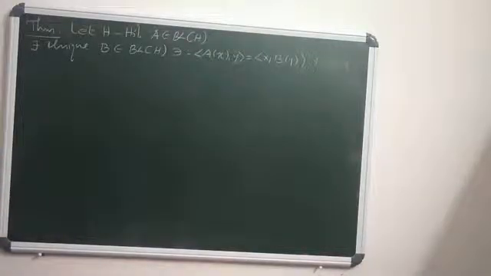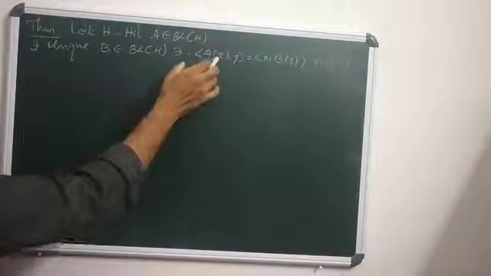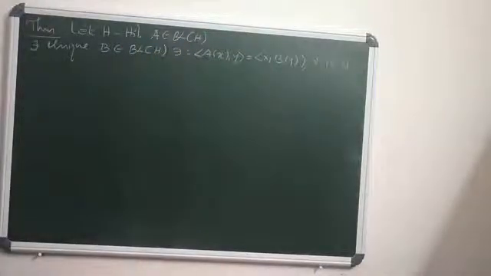So when this relation is established, B is nothing but the adjoint of A. So how to establish this relation?